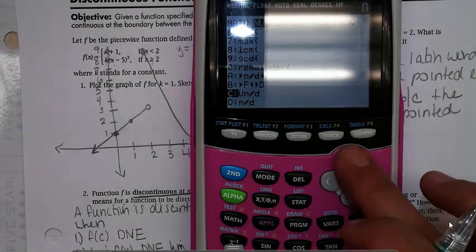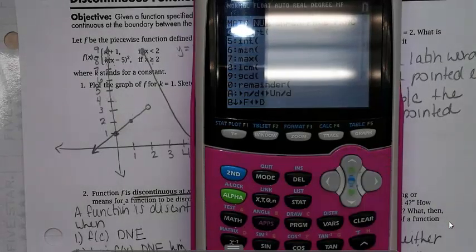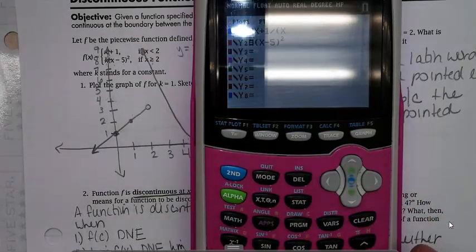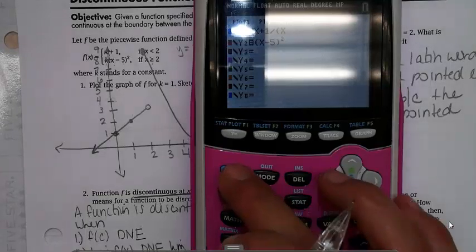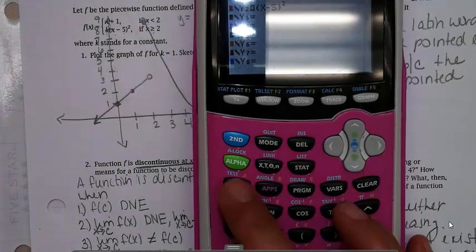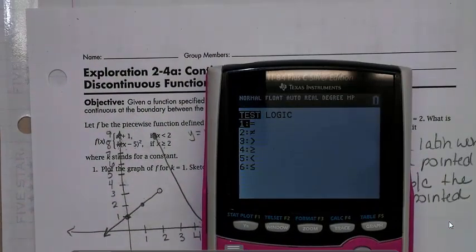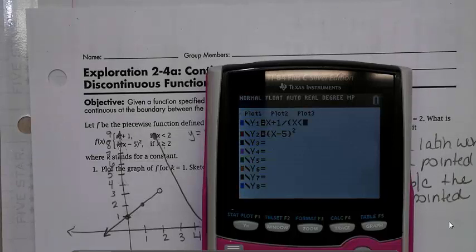That is under second math. So you want the inequality, the less than sign, and that is under, if you hit second and math. So under second and math, that's where your less than, greater than, all those signs are. Just select it, put it in there, less than 2.